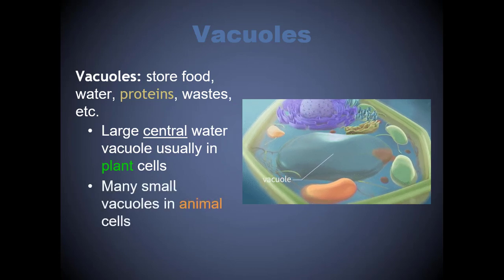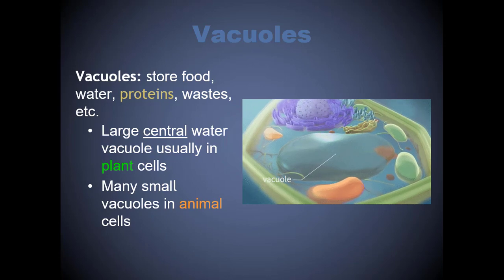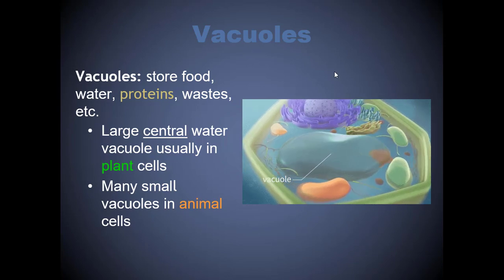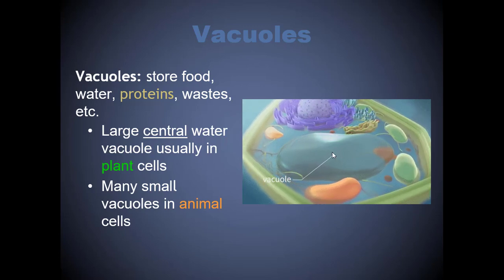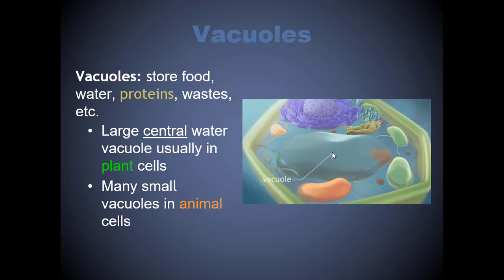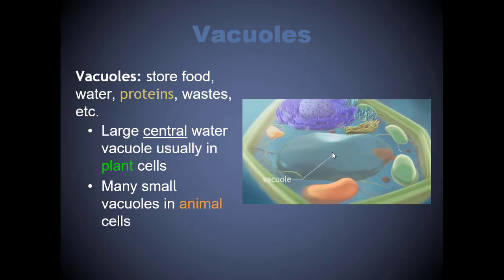So in plants, it has to be large enough, stores water, and promotes the strengthening of the cell. When it takes in so much water, it stretches the cell wall; the cytoplasm in a vacuole, having so much water, puts that pressure on the cell wall to strengthen it.